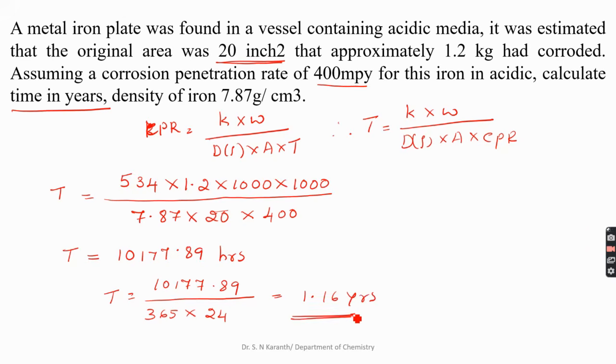Okay, this way we can calculate the time required to decay that particular metal, with the corrosion penetration rate of 400 Mpy.